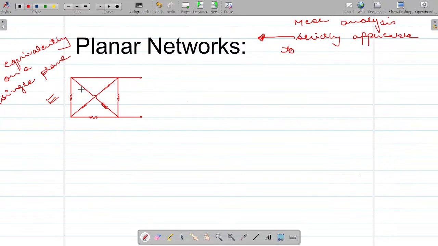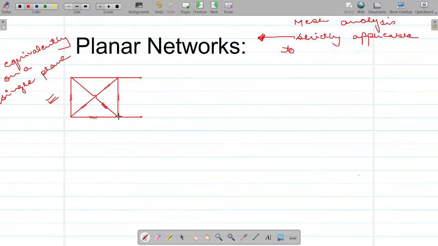Now just observe this network. Can I call it a planar network? Or in other words, can I redraw this circuit on a single plane? Look closely at this network.